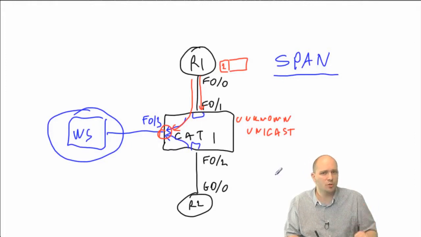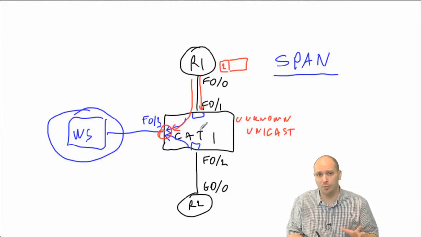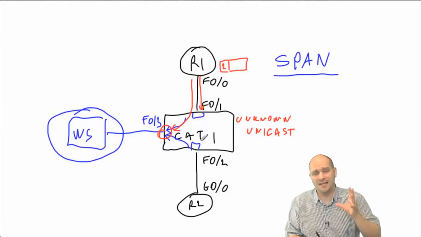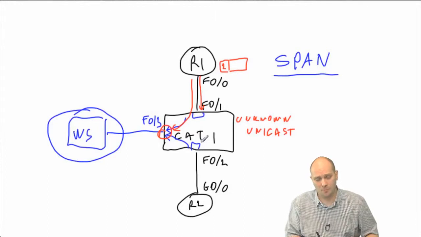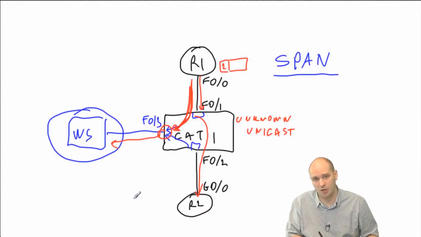So what does the switch do with this traffic? Well, it floods it. It's going to send it to all the ports in the VLAN except the port it was received on. So a copy of this traffic was sent to R2, but also a copy was sent to our FastEthernet 0/3 and hit our Wireshark.